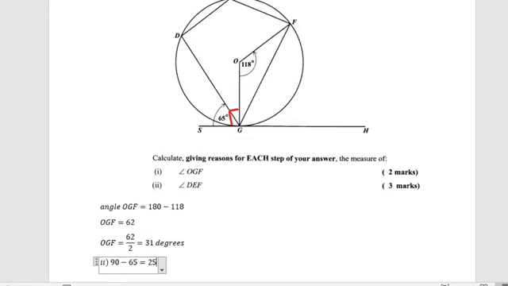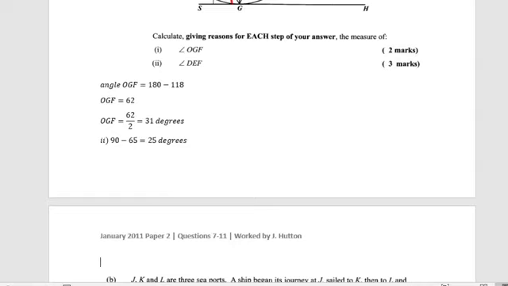And now angle DGF, we can calculate that. We know that right here is 25 degrees, and right in here, which we calculated before at G, was 31 degrees. So angle DGF is equal to 25 degrees plus 31 degrees, which will give us 56 degrees.